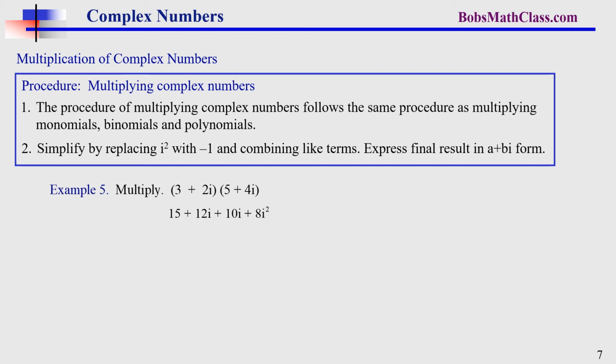Now we can add the like terms, the 12i and the 10i, and then replace that i squared with negative 1. Eight times negative 1 is negative 8. And then add the real numbers, the 15 and the negative 8. So that gives us 7 plus 22i.